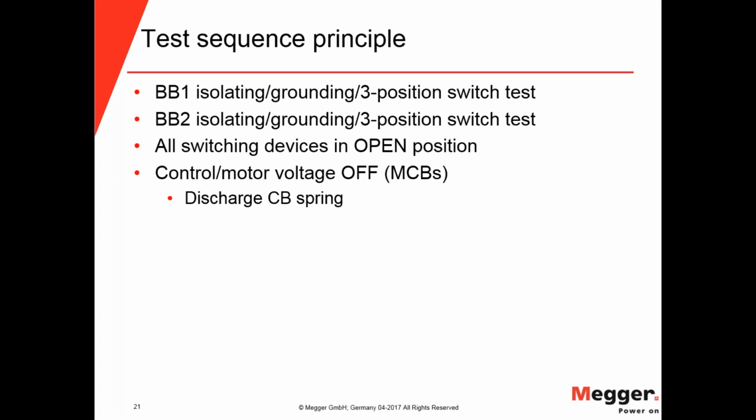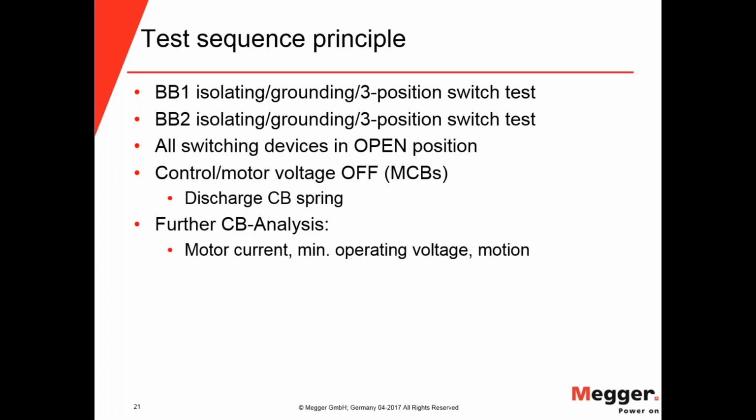So in this case, all switches are open, which basically should be almost the same as having the bay out of service. So it will be easier to connect a motion transducer if wanted. And then of course you can perform further circuit breaker analysis, such as motor current, minimum operating voltage, and motion.